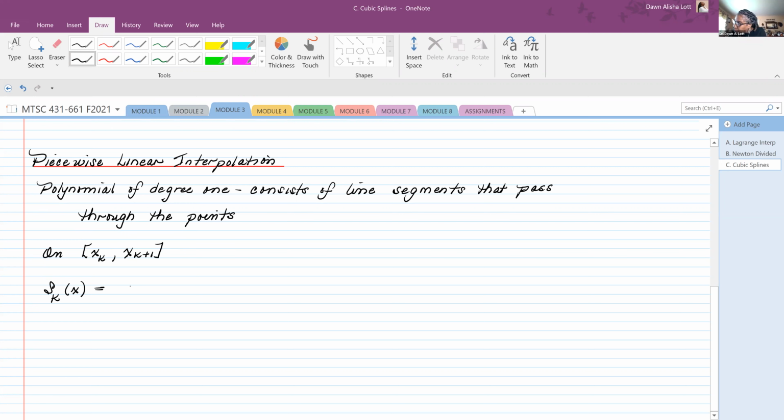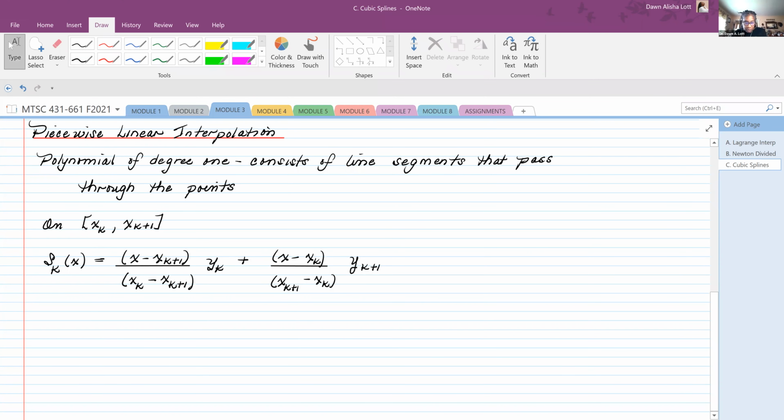That's going to be (x minus x_{k+1}) divided by (x_k minus x_{k+1}) times y_k, plus (x minus x_k) divided by (x_{k+1} minus x_k) times y_{k+1}. You should recognize that as the first Lagrange interpolating polynomial on the interval x_k to x_{k+1}. And so that's very simple.